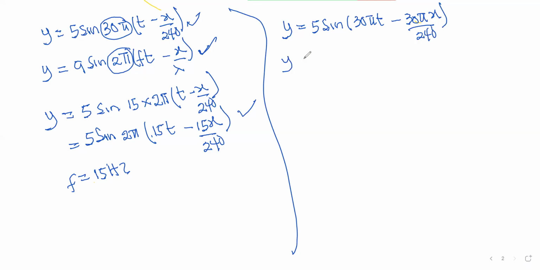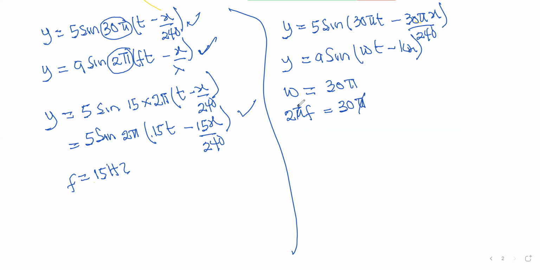This I can now compare with y equals A sine (ωt minus kx), and the value will still be the same. ω is equal to 30π. If ω, which is equal to 2πf, is equal to 30π, the π cancels out, 2 goes into this, and you will still have f equal to 15 hertz.